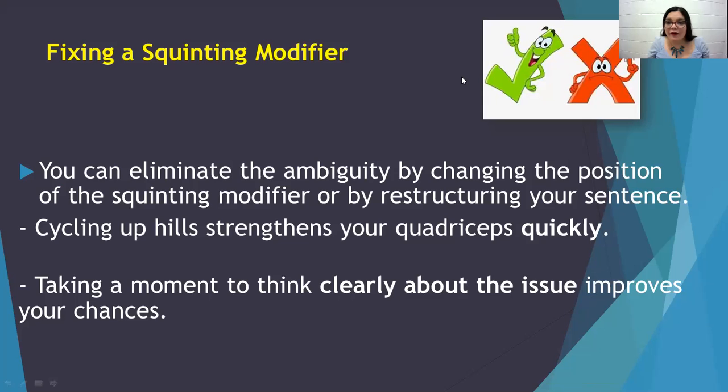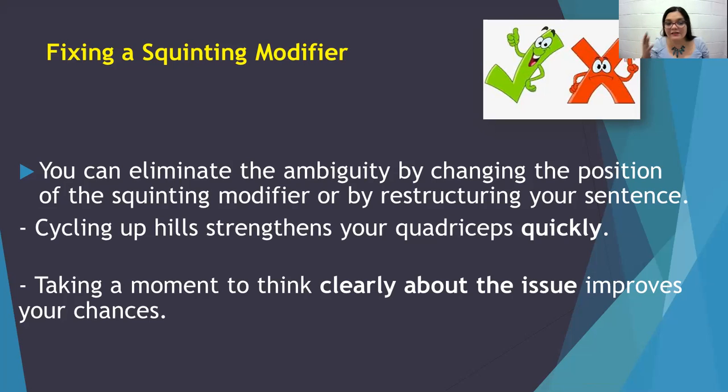Fixing a squinting modifier can be really simple, as with the other ones. You can eliminate the ambiguity by changing the position of the squinting modifier or by restructuring your sentence. Example: cycling up hills strengthens your quadriceps quickly. Doing this helps you to improve quickly. But do I really mean that?